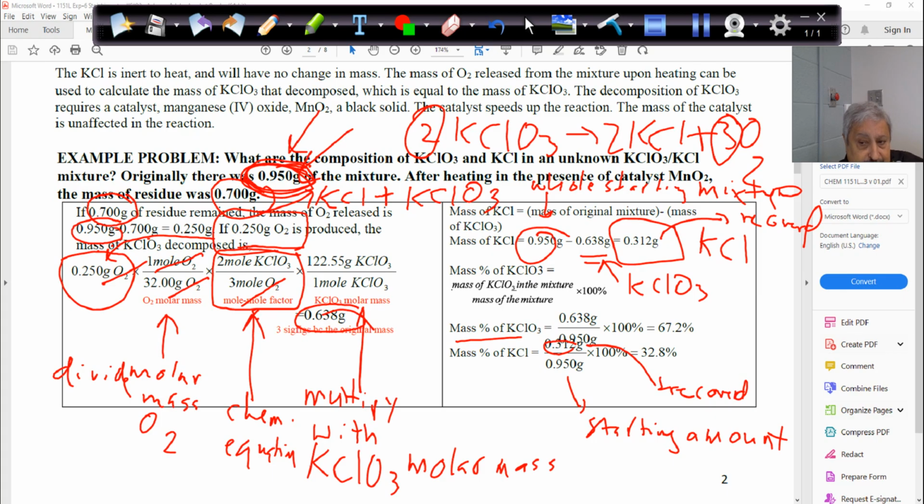So the mass percentage of chlorate, calculated from the oxygen released, is 0.638 divided by the starting material, and you get 67.2. And for the potassium chloride, we subtract from the whole, divide by the starting amount, multiply by 100, and that gives you this. Okay, guys? That's the simple calculation today.